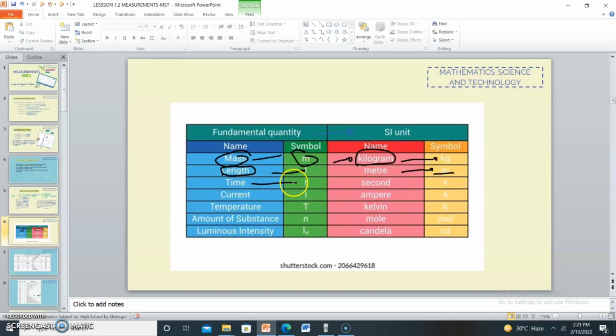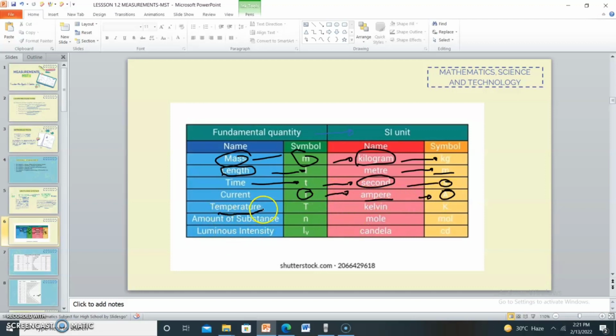And time, small letter t is the symbol, the SI unit is second, symbol s. And current, that's I, the SI unit is ampere, symbol A.